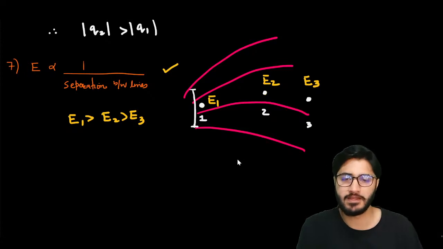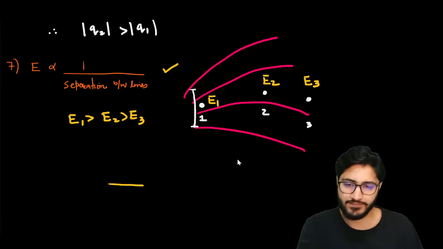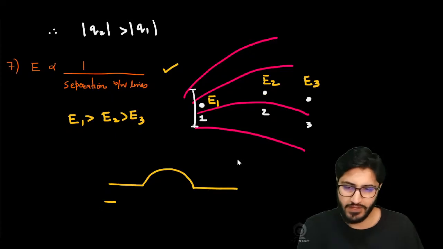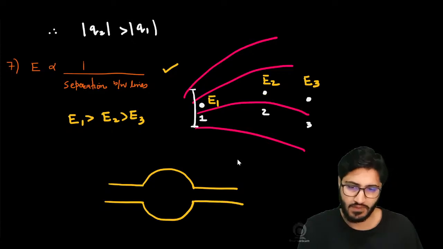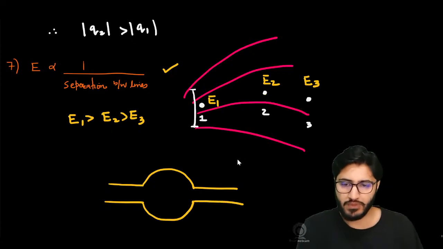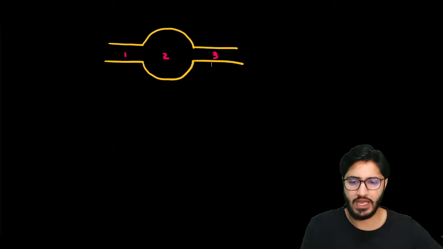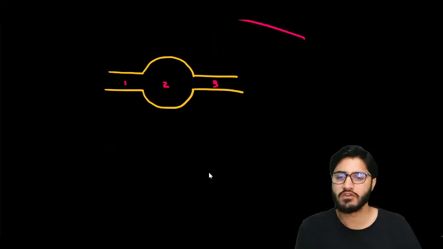Look, the numerical was like this. It's a PYQ. Point number 1, point 2, point 3. This is my question, and we have to choose one option.